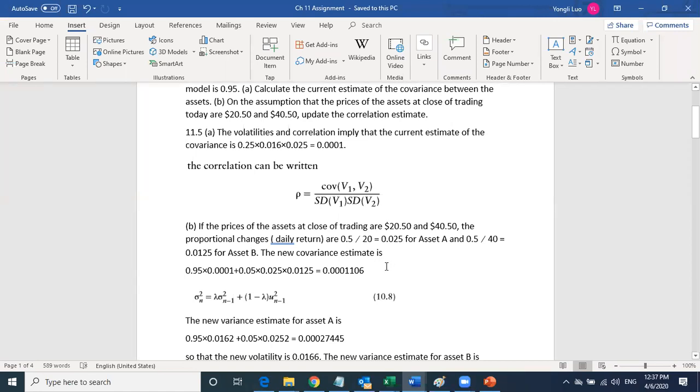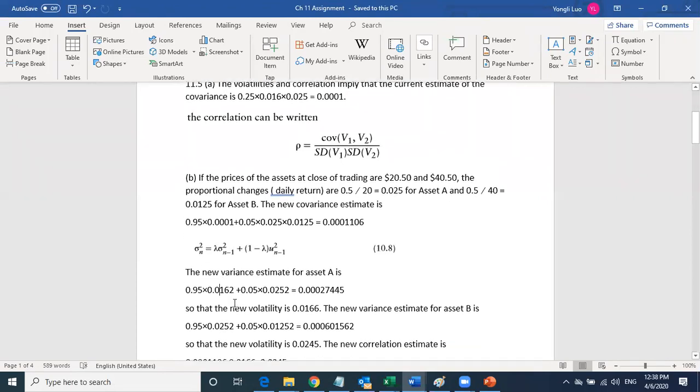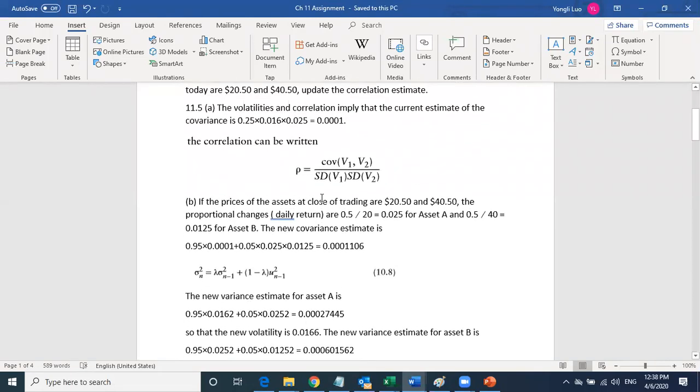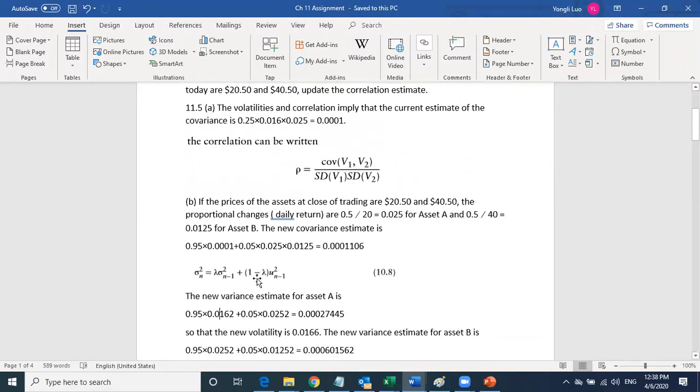We're using the exponential weighted moving average, right? The new covariance is lambda, 0.95, times the previous covariance, 0.0162, plus 1 minus lambda, times the product of the returns, 0.15.